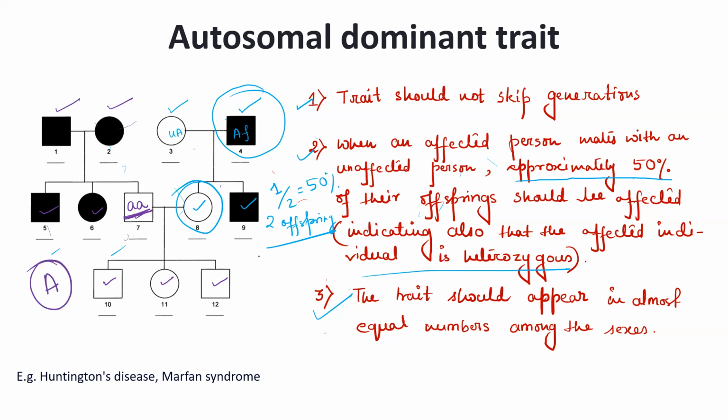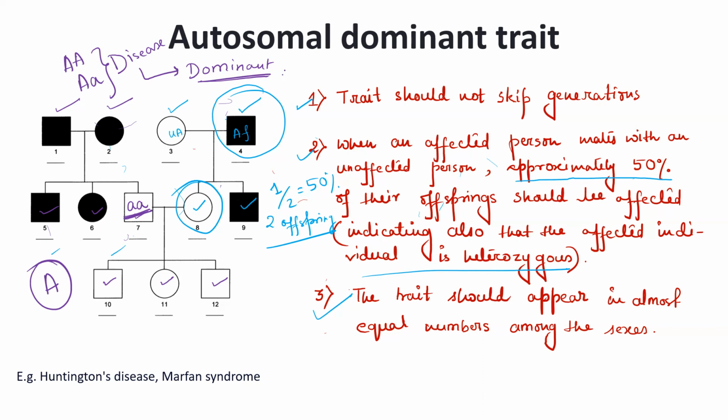In both these conditions, whether it is capital A or capital A small a, both gives the disease since it is dominant. Got it? Unaffected carriers are not possible here.